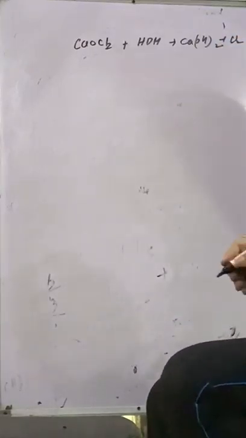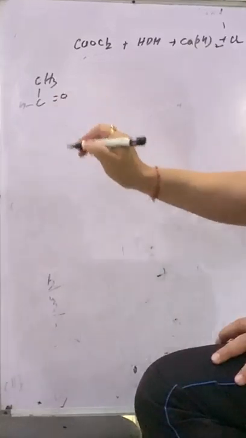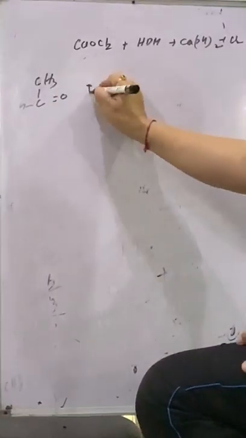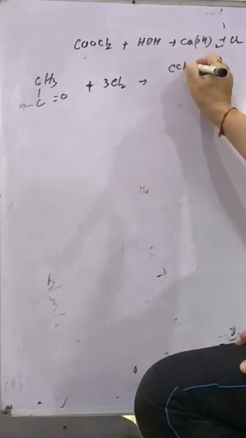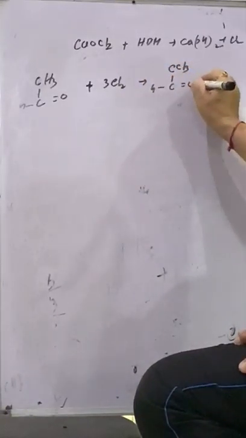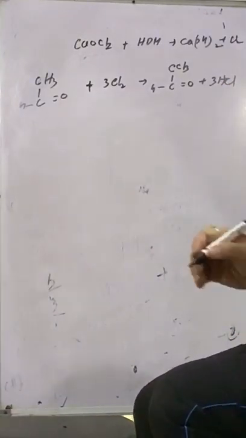Acetaldehyde, CH3CHO, you treat with 3Cl2. So what will you get? CCl3CHO is obtained plus 3HCl is out. This is called trichloroacetaldehyde.